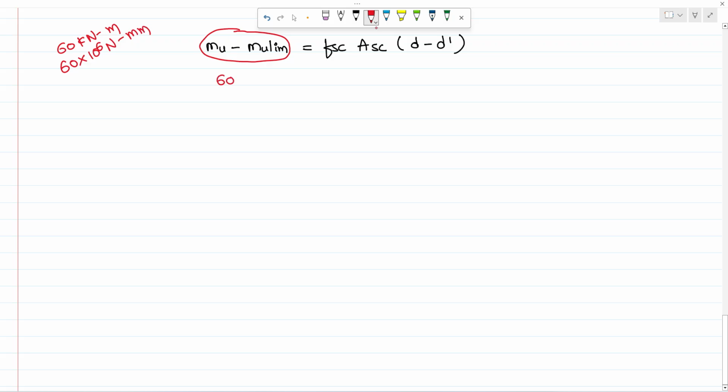So 60 into 10 power 6 equals FSC, which is 414.25, multiplied by the area of compression steel, multiplied by D minus D dash. D is the effective depth, 459, minus D dash, which is 41. So let me simplify this.